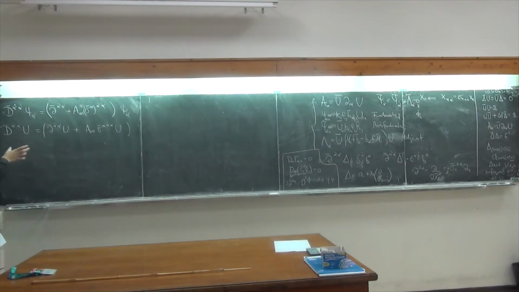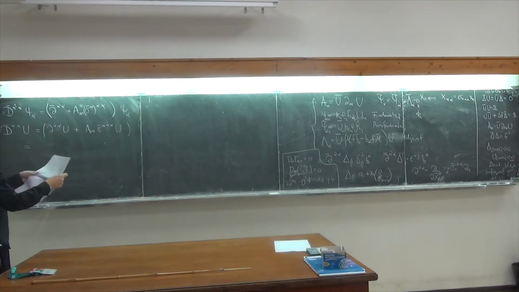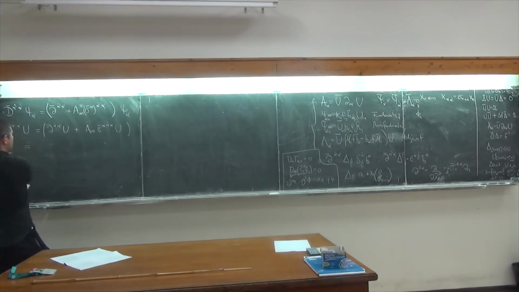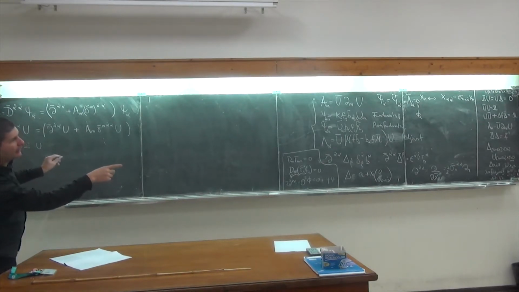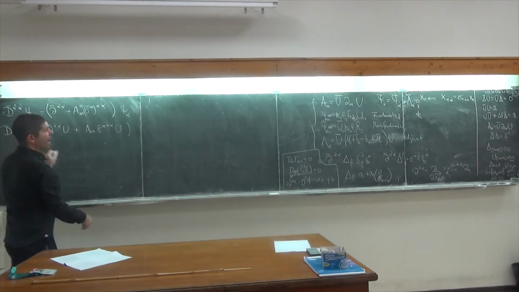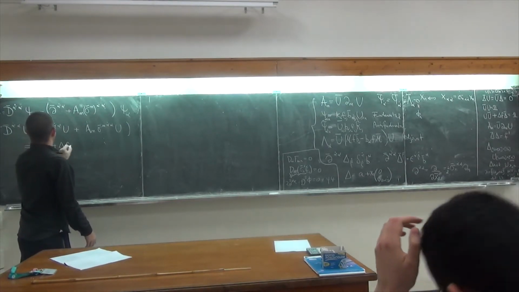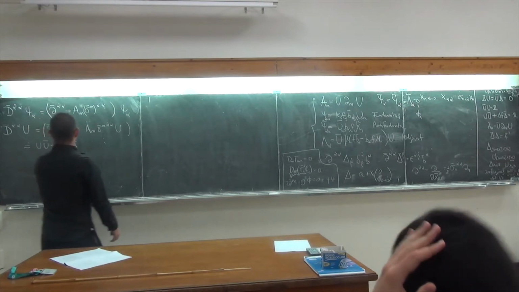For example, imagine I put from here this identity: u bar plus delta F delta bar times this.